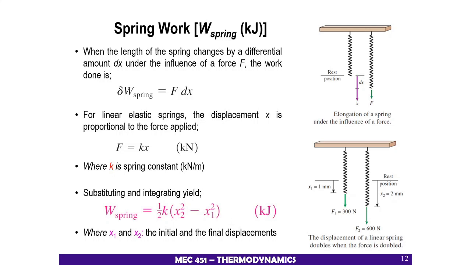So substitute and integrate yields: the work of the spring is equal to half k times x2 squared minus x1 squared. We have units in kilojoules, whereby x1 and x2 are the initial and final displacement.